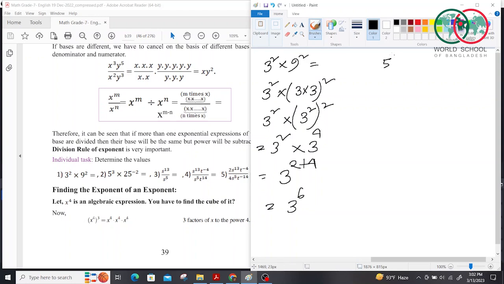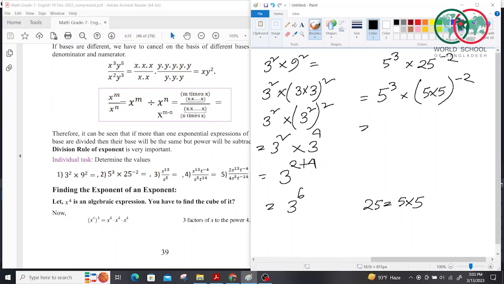Similarly, in case of 5 cube into 25 to the power minus 2, it becomes 5 cube into, okay, now 25 can be written as 5 into 5. We know 5 fives are 25, so 5 into 5, and the power of the 25 is minus 2, so the power of this 5 into 5 will be minus 2. Again, 5 is multiplied twice, so we can write 5 square, to the power minus 2.